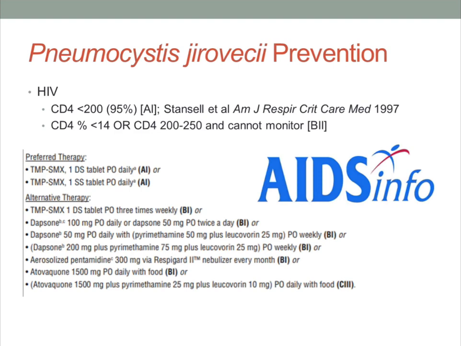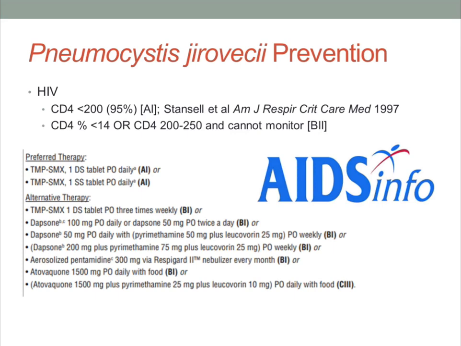In terms of prevention, we have some fantastic guidelines for HIV because that's where most of the research has been for this disease. If your CD4 is less than 200, or if your percent is less than 14 and you can't really monitor them, those are recommendations for prevention. That comes from a landmark study in 1997 where almost all of the cases, even in HIV/AIDS, were with a CD4 count of less than 200. So that's where that benchmark came from for the guidelines.